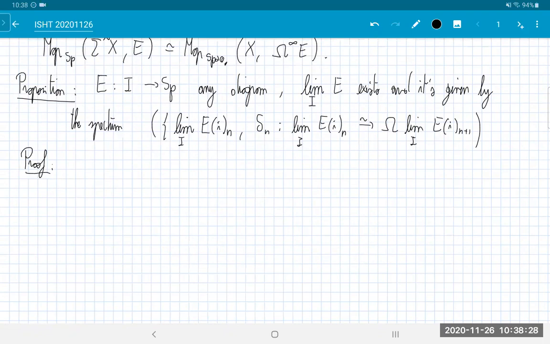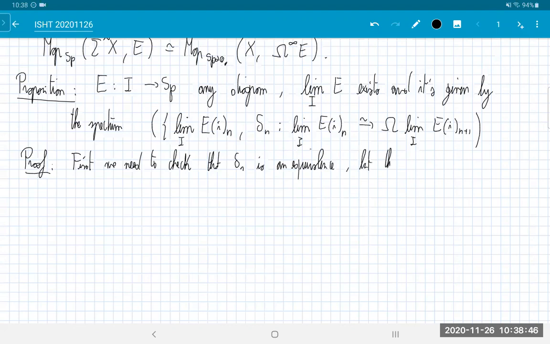So why? First, we need to check that delta n is an equivalence, but this follows because omega commutes with limits. That's because limits commute with limits.